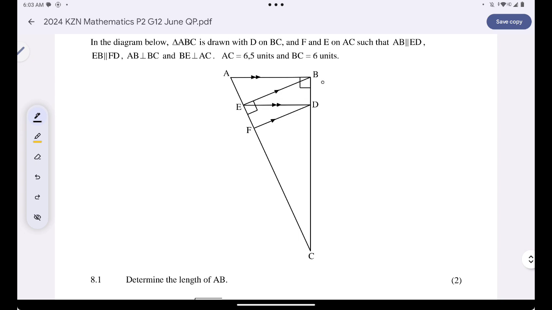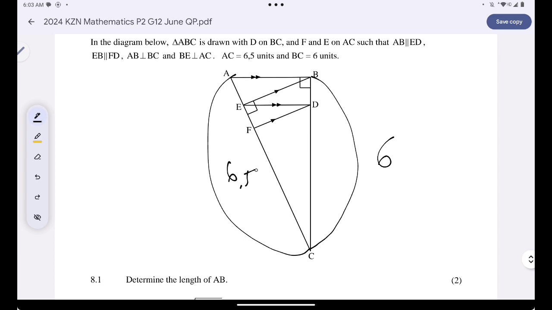Told that this length is 6, this one 6.5. Okay, we must find AB.